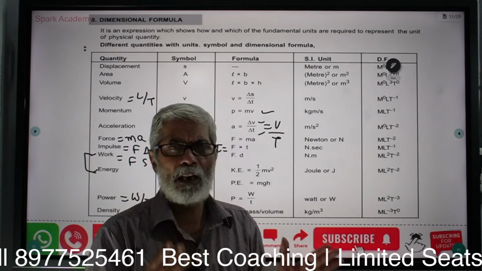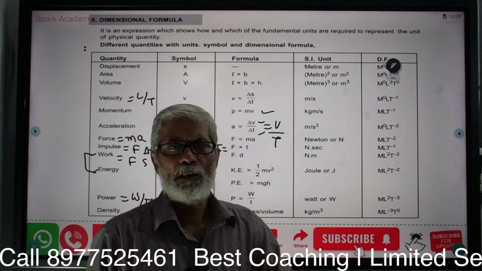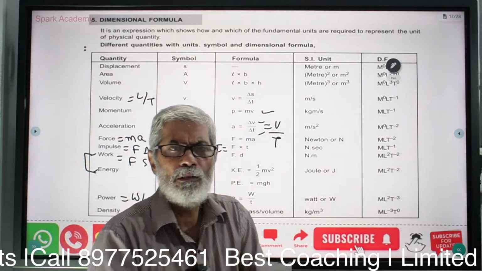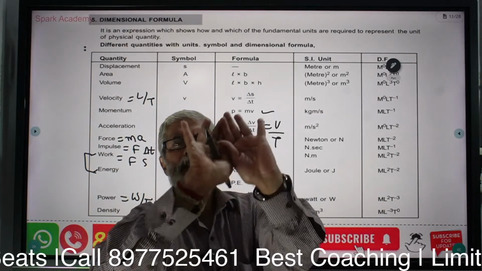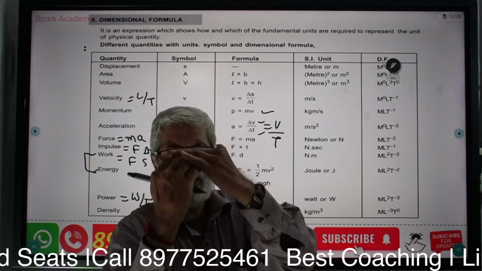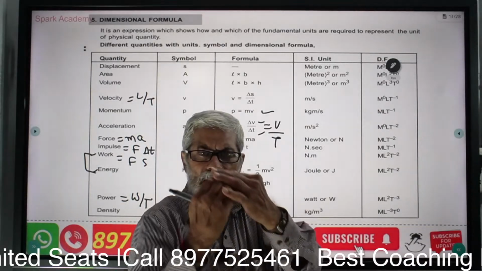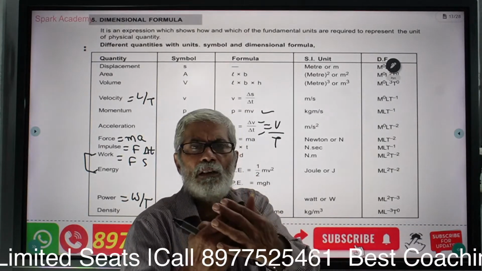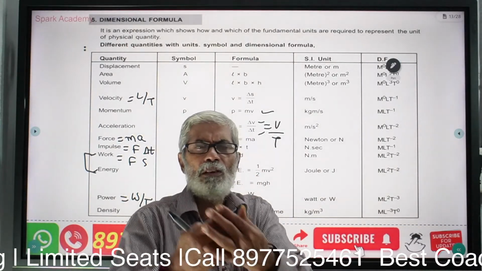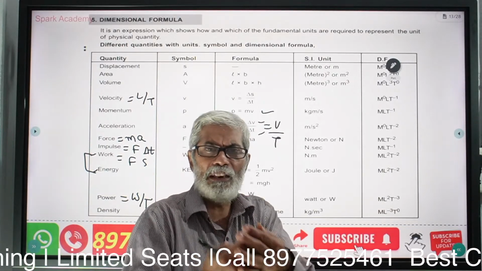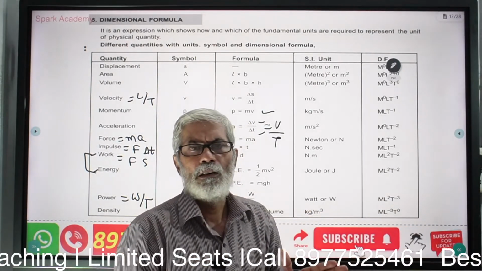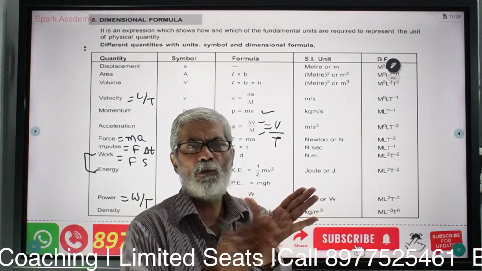Suppose, for example, you are playing cricket. When catching a ball, you don't catch the ball like this. You have to increase the time. You have to put your fingers back and then catch, because if the time is increased, force will be decreased. So the effect of force on your palm will be decreased.